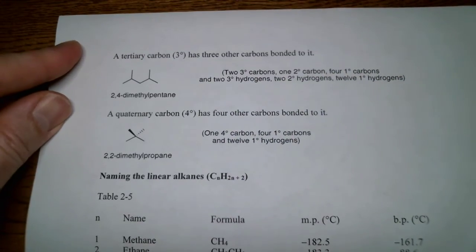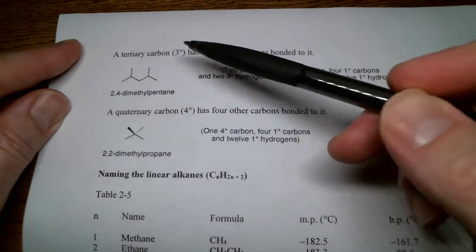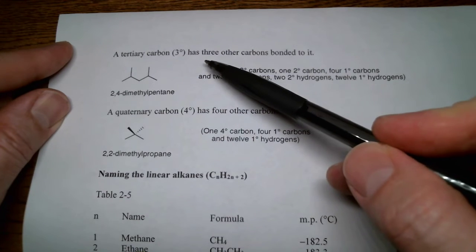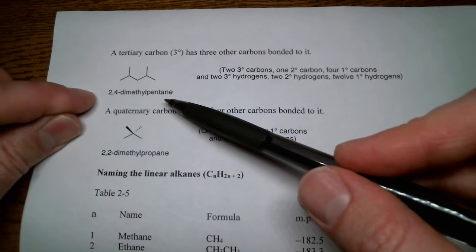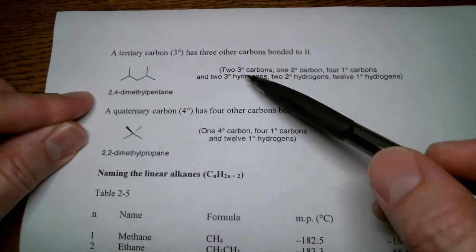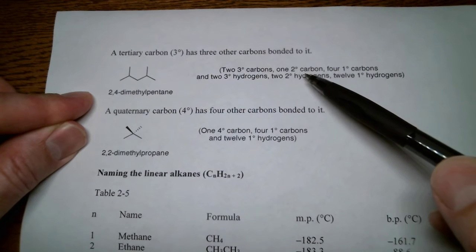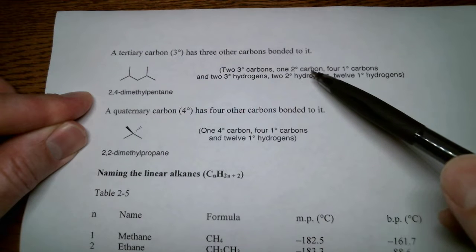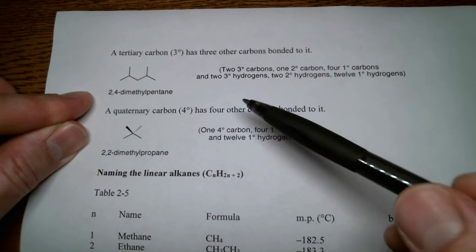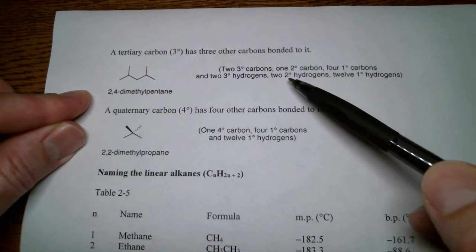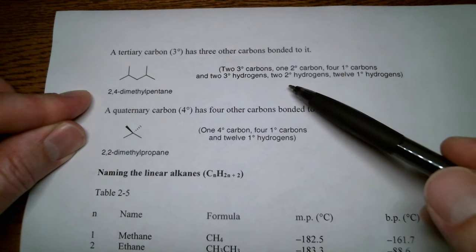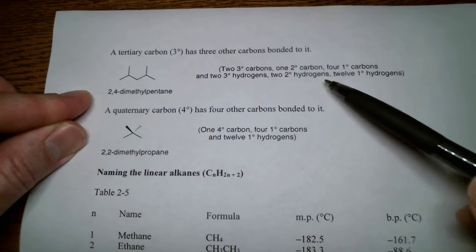A tertiary carbon, symbolized as 3 with a little degree sign, has 3 other carbons bonded to it. This 2,4-dimethylpentane possesses 2 tertiary carbons, 1 secondary carbon, 4 primary carbons, and of course the corresponding 2 tertiary hydrogens, 2 secondary hydrogens, and 12 primary hydrogens.